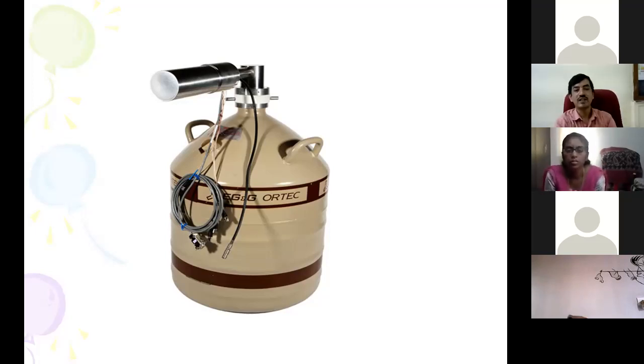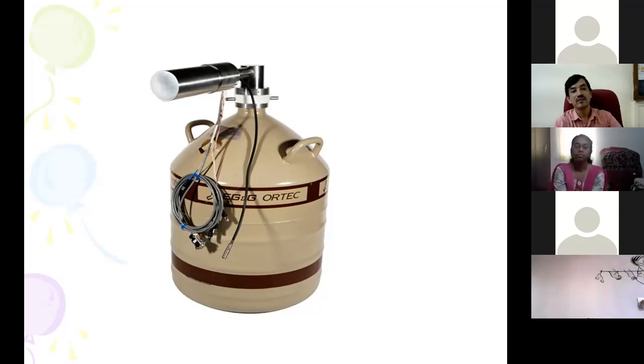In some of the laboratories, people use sodium iodide activated with thallium crystal detector, but in that case, the crystal should be of good quality and bigger size, at least 3" by 3" crystal sodium detector. If you use it, we can count the activity of radium, thorium, and potassium elements in the soil samples and in the rock samples. But if we use a HP detector, we'll get the good result.